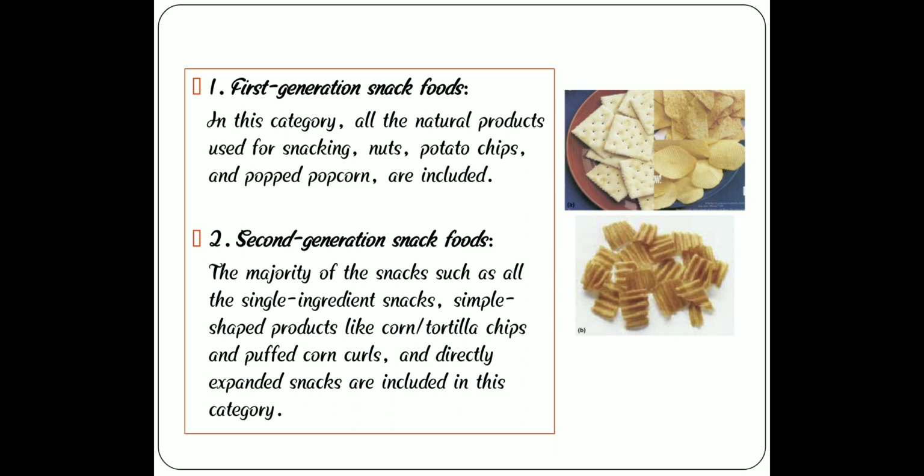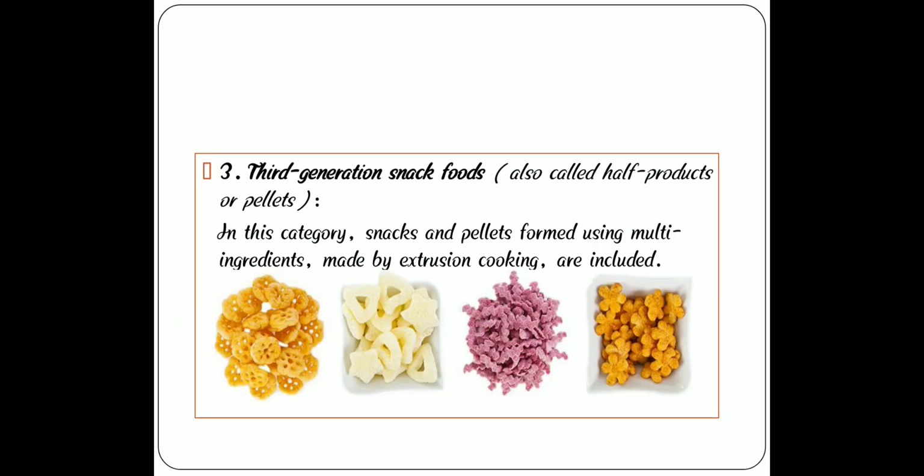In this category, all the natural products used for snacking, that is nuts, potato chips, or popped popcorn, are the examples. In the second generation type, the majority of the snacks, such as all single ingredient snacks, are used. So simple shaped products like corn tortilla chips, puffed corns, and so on are examples of second generation.